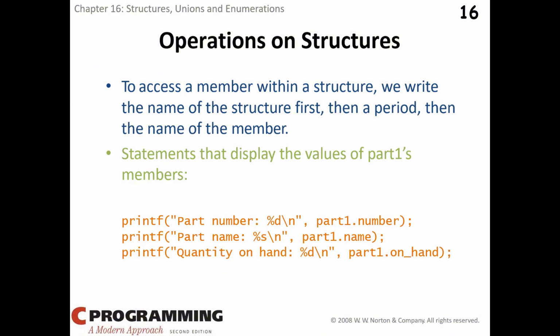In each printf statement, we specify the format specifier, which is %d for integers and %s for strings, to match the data type of the member being displayed. And we use the structure variable name part1 followed by a period to access the specific member, which can be number, name, or on_hand, and we pass the member's value as an argument to the printf function.